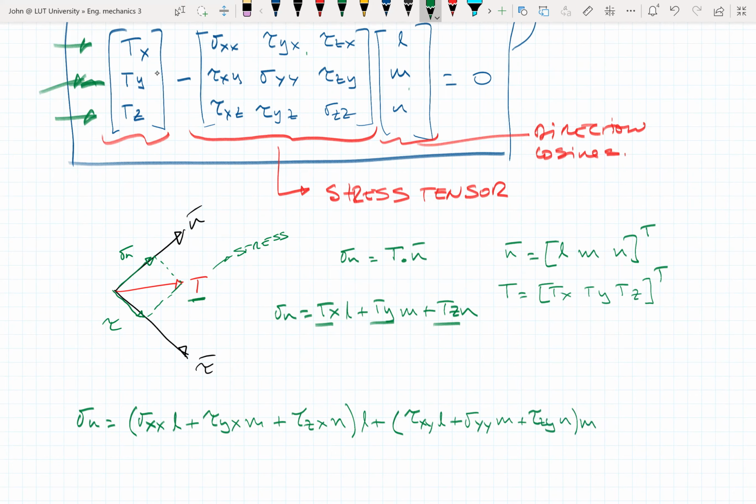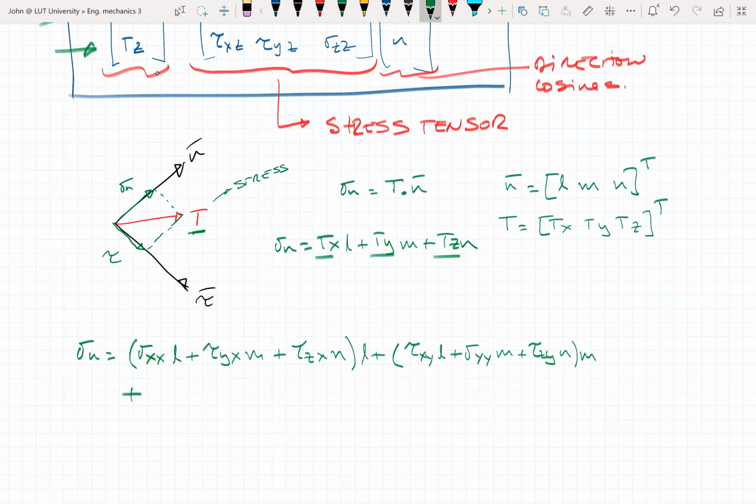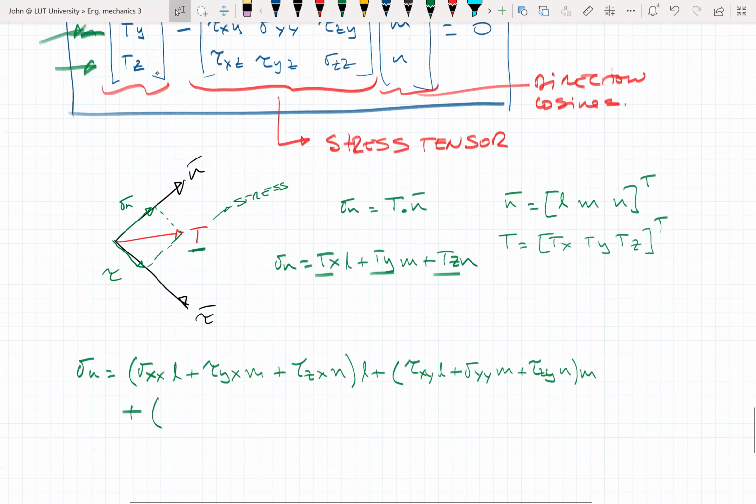This is times m. Okay, we'll have to write it down here. Plus Tz, again, this one here. It's going to be tau xz times L plus tau yz times m plus sigma z times n, and this is going to be multiplied by n. Perfect.